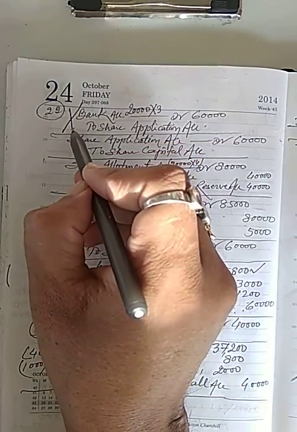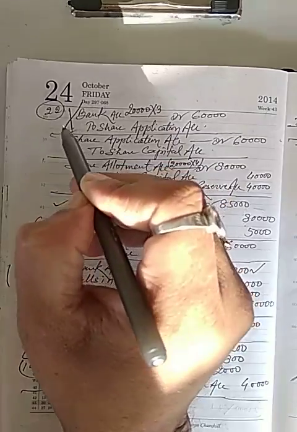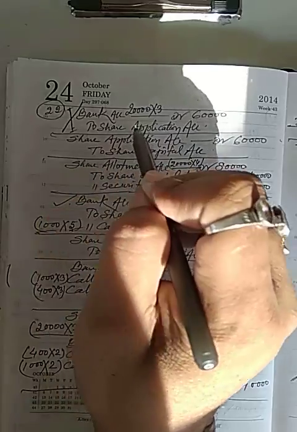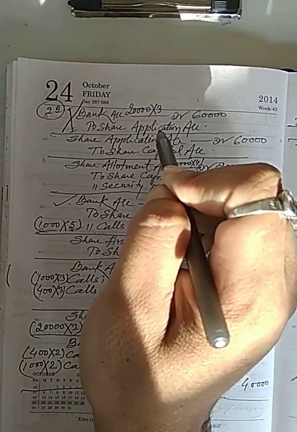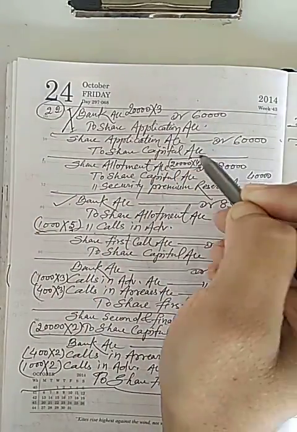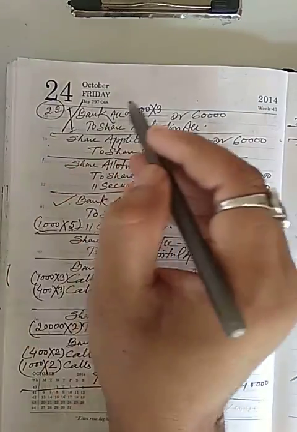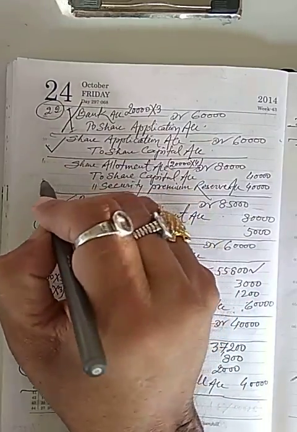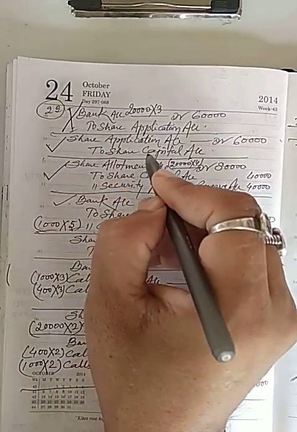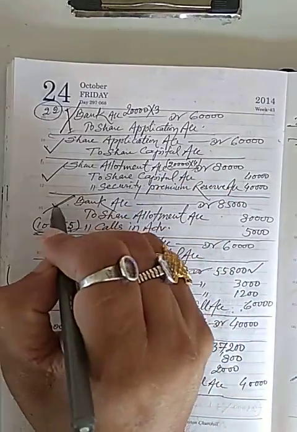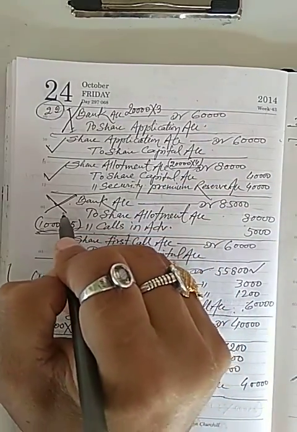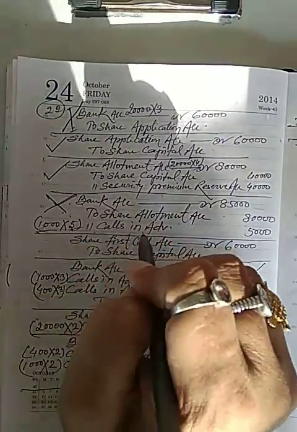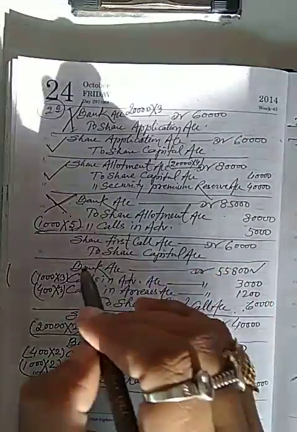So the first journal entry will be eliminated in case of preparation of cash book. Directly you can do the second and third journal entries, because these are not related to bank, and never do the fourth journal entry because this is related to bank account.